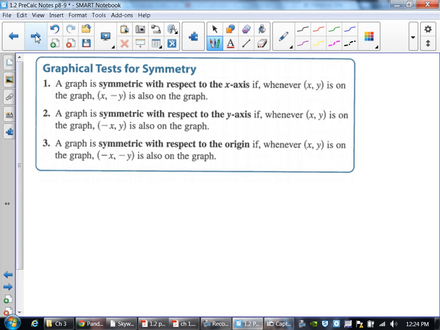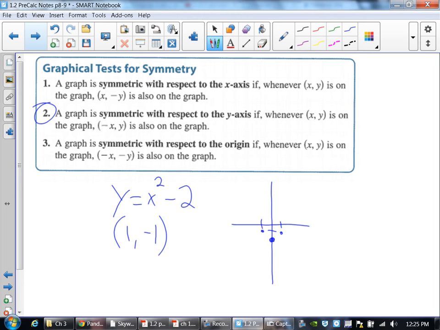If I look at it with something that's easy, think about the graph of y equals x squared minus 2. We all know that's a parabola that starts at -2 on the y-axis, right? So if I have a very simple set of ordered pairs, it would be at 0, -2, it would be at 1, -1, and -1, -1.